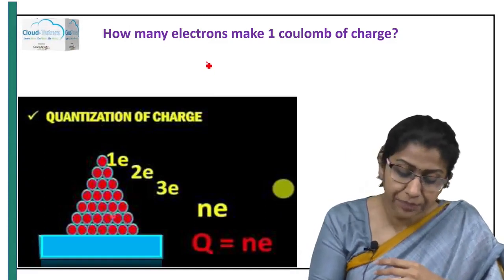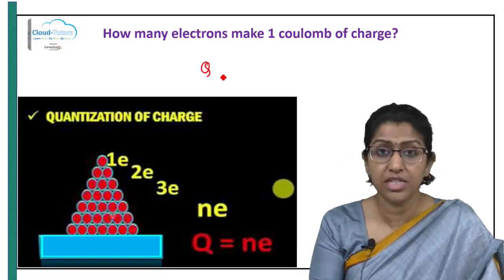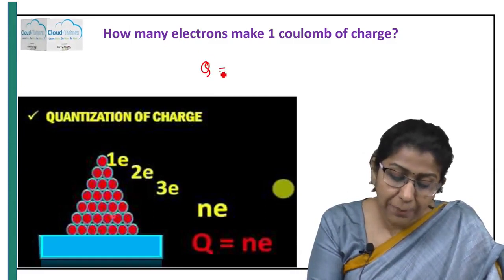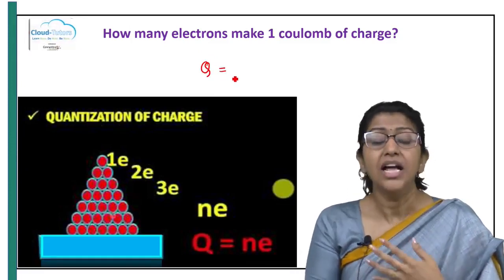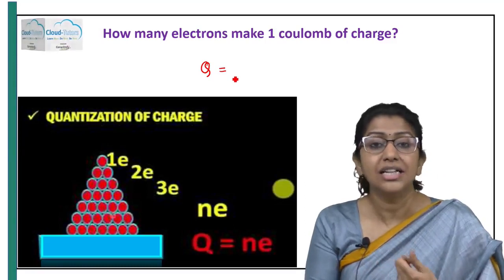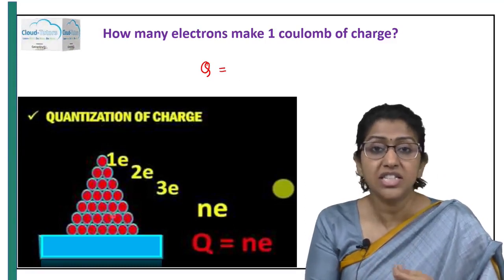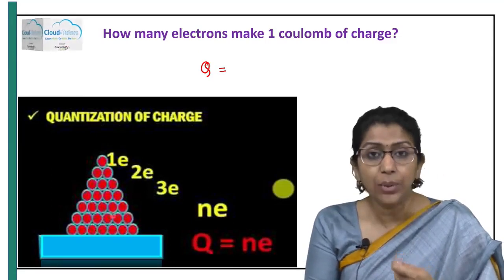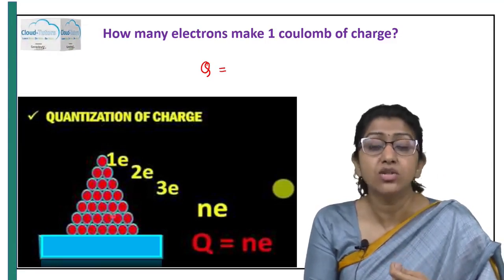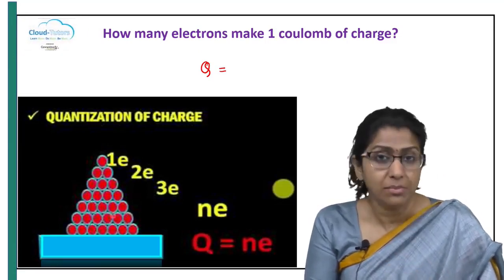So if Q is the amount of charge possessed by an object, this can be written in terms of multiples of the charge possessed by an electron, which is denoted by E. And we have already seen E is equal to 1.6 into 10 raised to minus 19 coulombs.